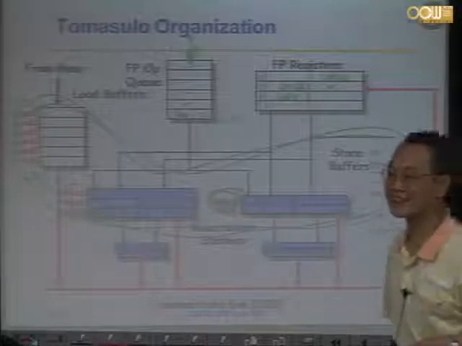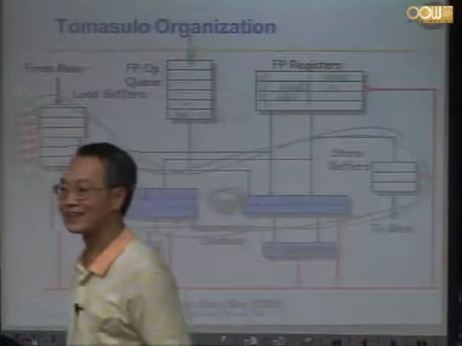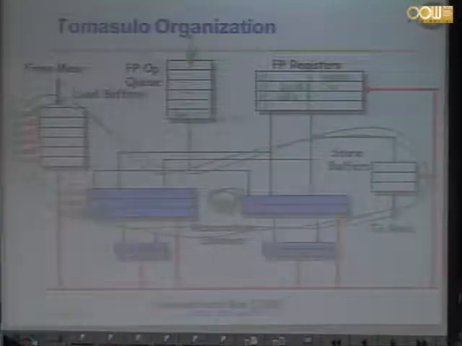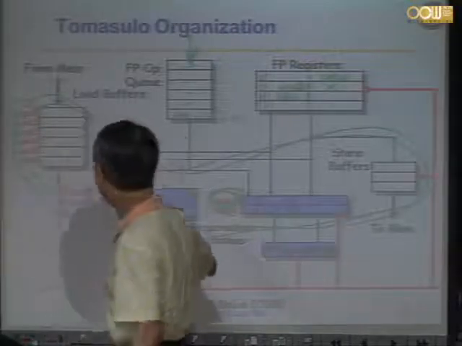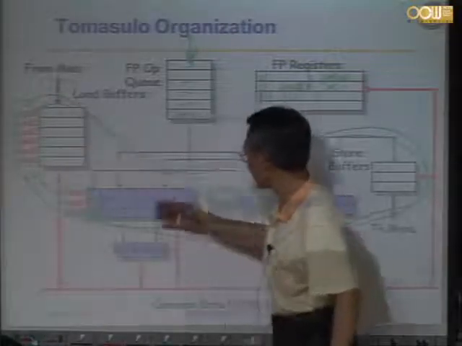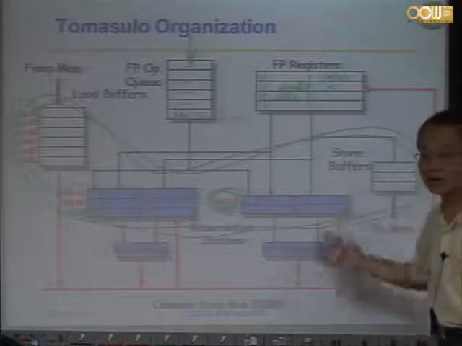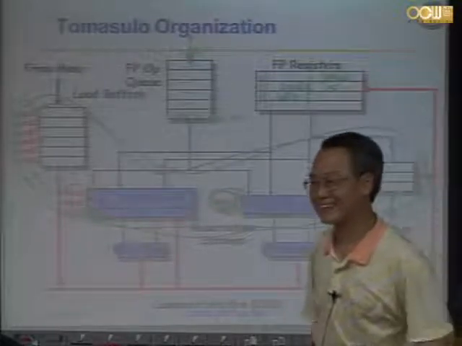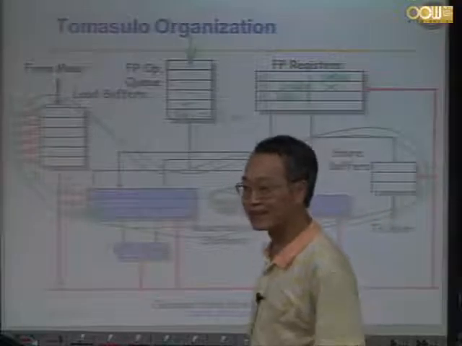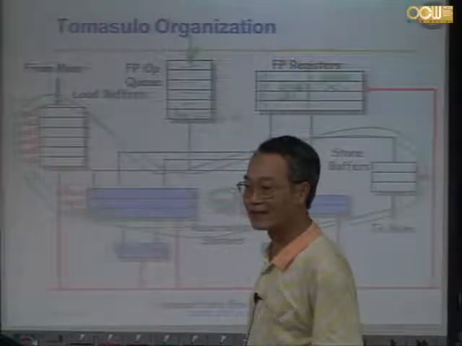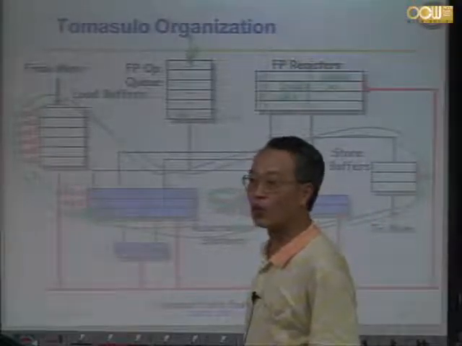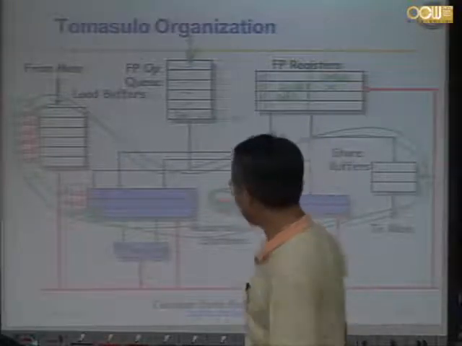Yes? How many reservation stations are there? Here we have 14: 6 plus 3 plus 2 plus 3. But the number can be arbitrary. For example, we have a specific set for add, a specific set for multiply.